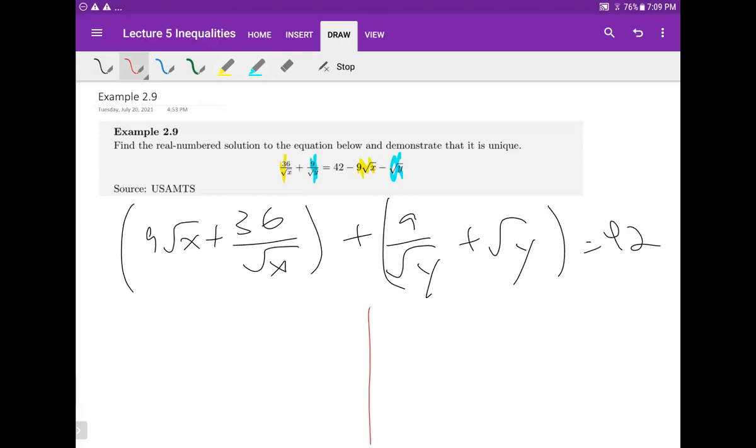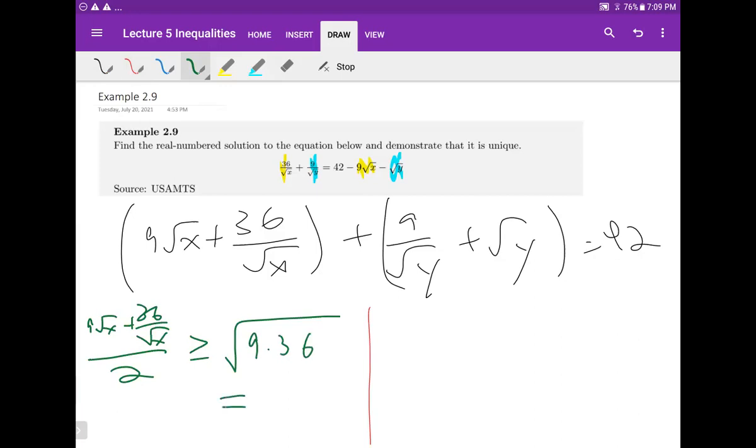If we apply AM-GM, we have that 9 root x plus 36 over root x over 2 is greater than or equal to the square root of 9 times 36, because the root x's cancel. What is this equal to? 3 times 6, yeah, 18.